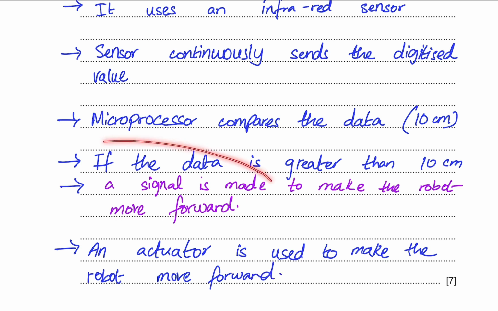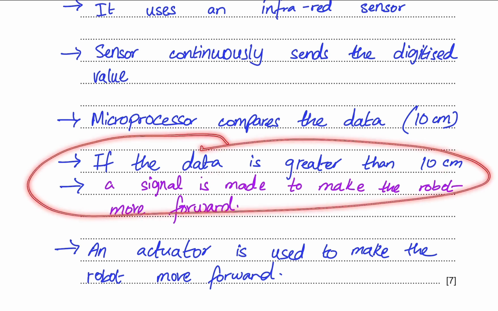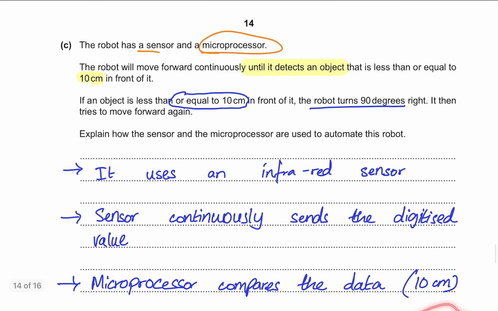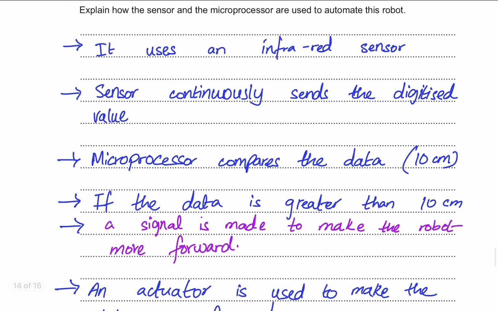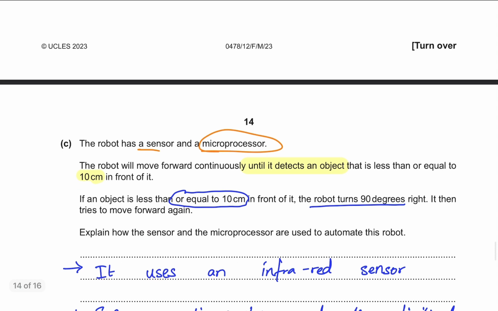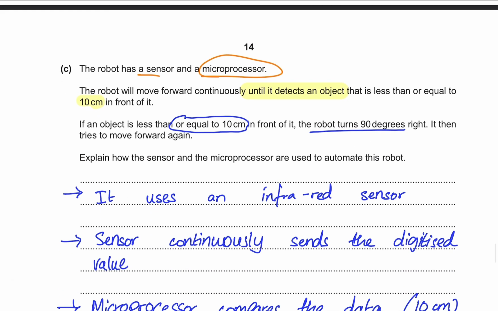One more point: if the data is greater than 10 centimeters, that is one statement, but what if the data is not greater than the stored value? The stored value is 10 centimeters, which is given to you in the question. Now, if it is less than 10 centimeters, what will happen? In the question it says the robot turns 90 degrees right. If it is greater, then it will move forward again.